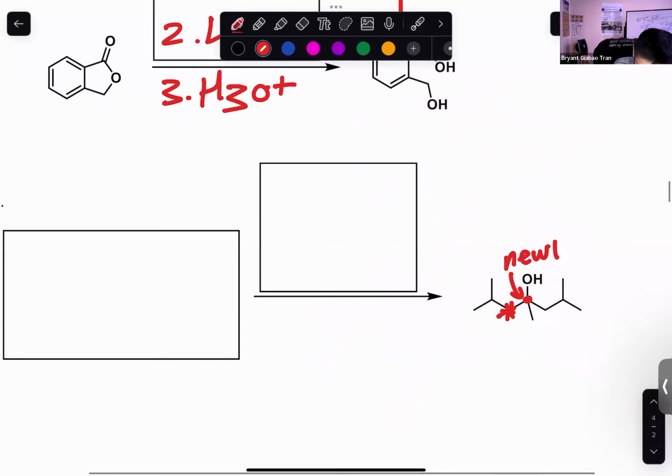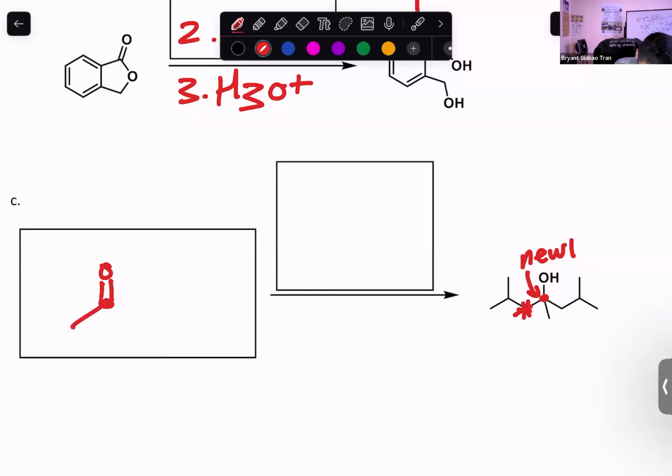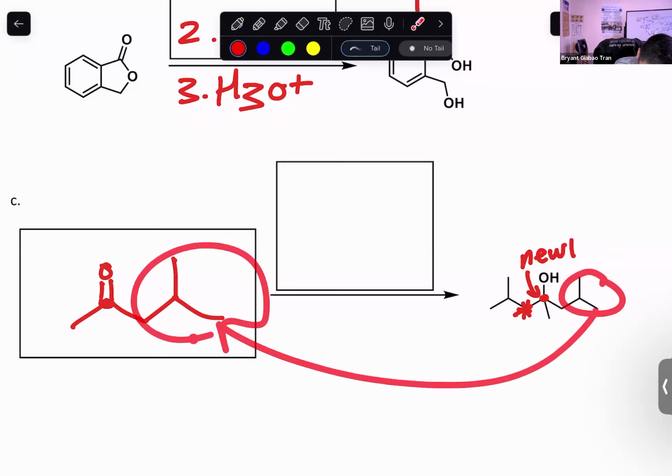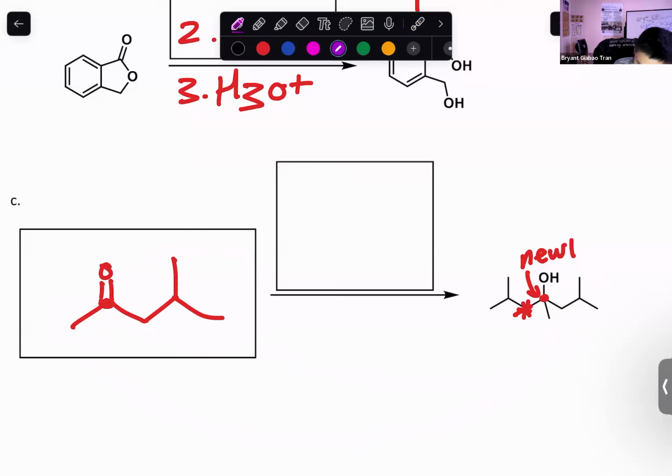So if we were to draw out what the reactant was before, that alcohol was that carbonyl right there, where this was the dot carbon right there, right? And that dot carbon was attached to a methyl group and whatever that R group is. This R group, which is that R group right here, and this methyl group, which is this methyl group right here, right? Making this new R group the group that attacked this dot carbon.